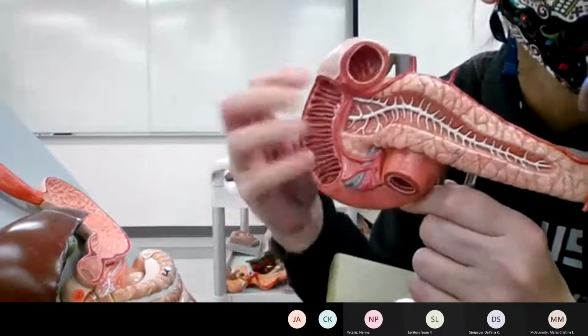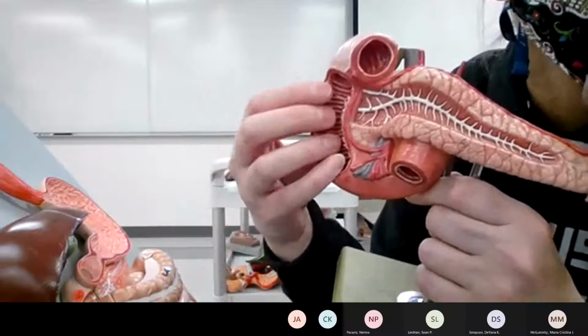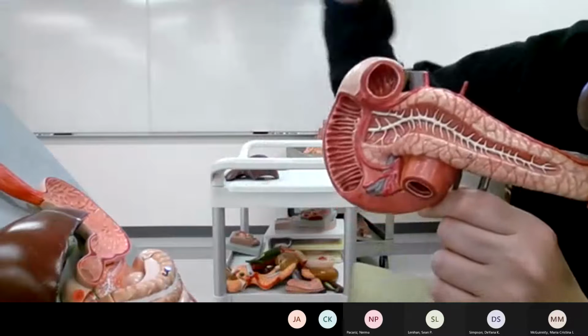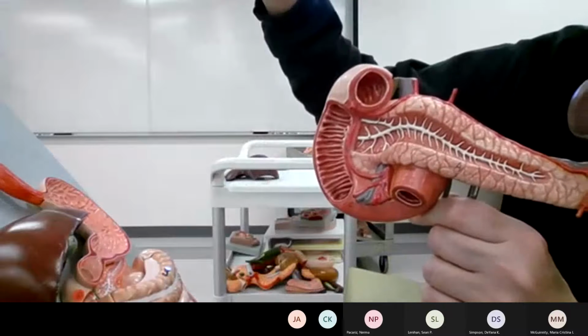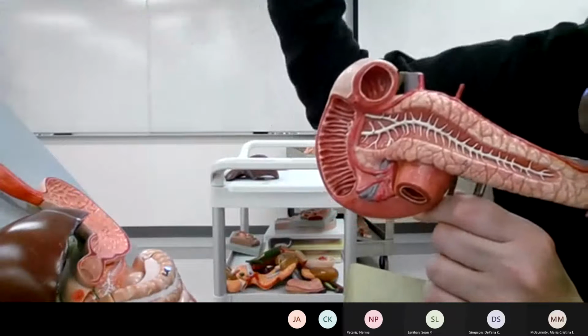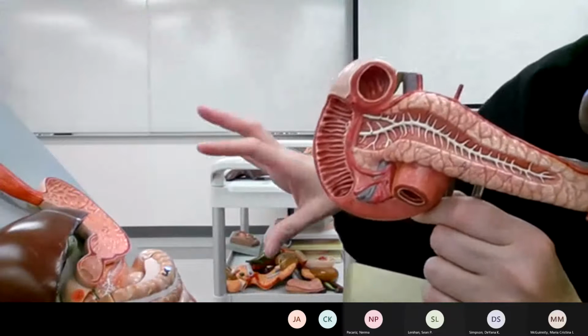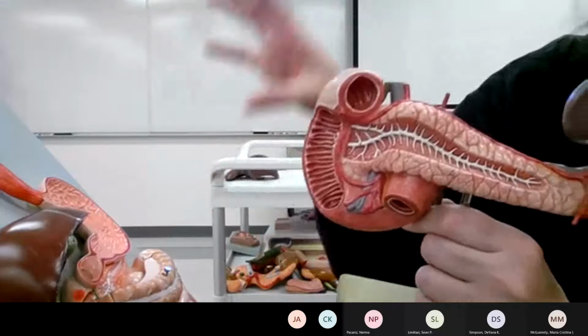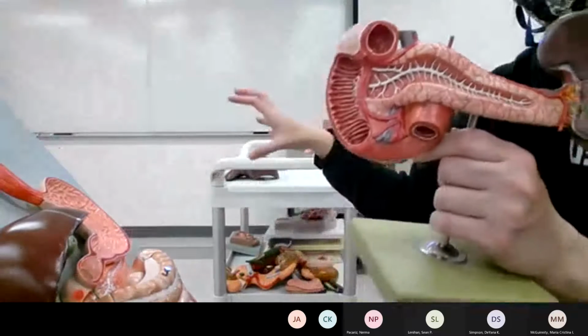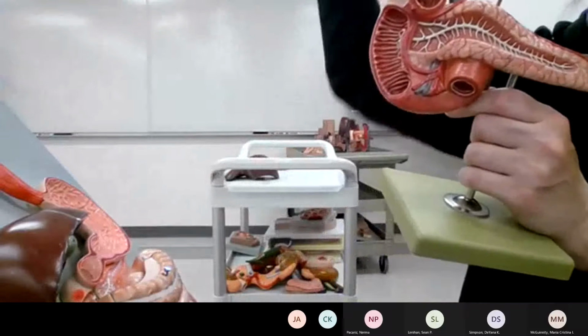Okay, and again, most of that's going to be for the lecture part of your test. So make sure you maybe have a flow chart. In the mouth, what are my enzymes and what do they break down? In my stomach, what are my enzymes? What do they break? The esophagus doesn't do any breakdown. In my small intestines, what comes from the intestines, what comes from the pancreas, what comes from the liver, all right?